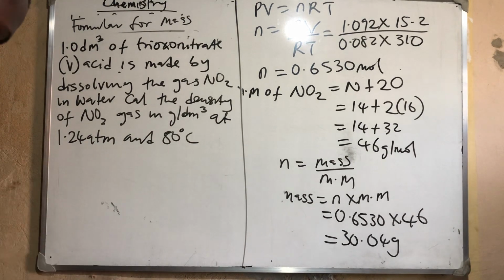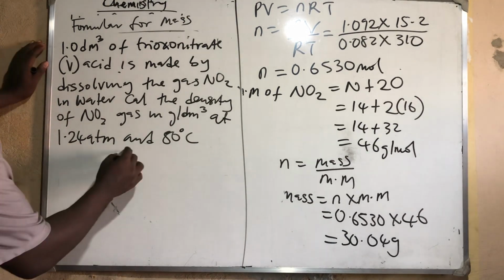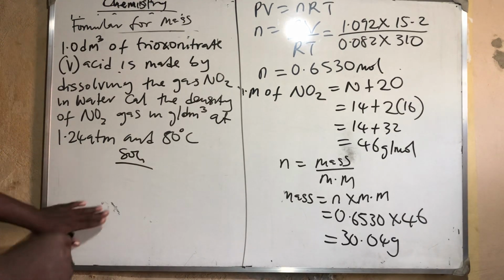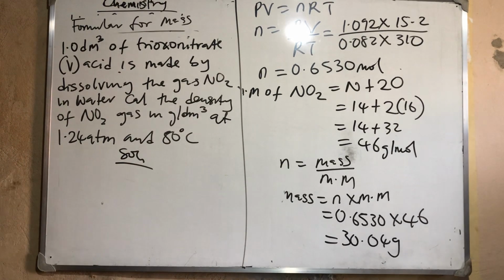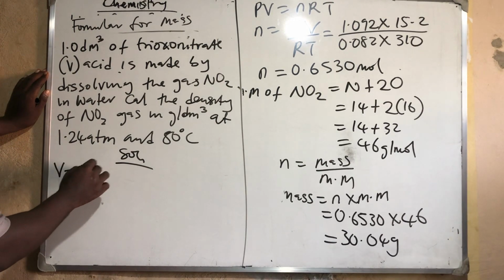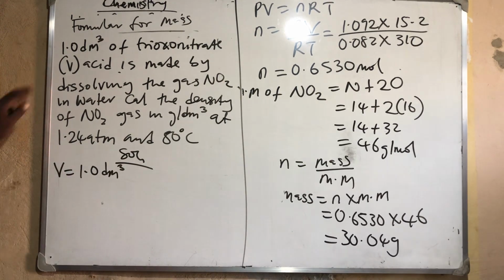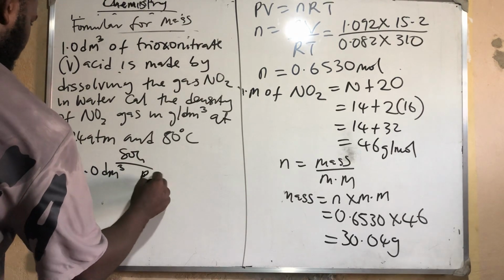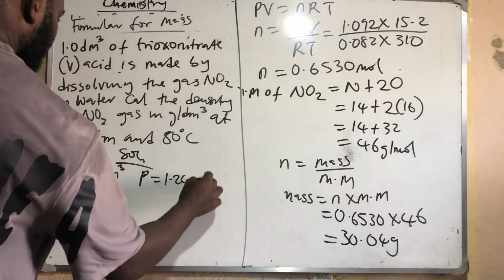All right, so let us get all our parameters. The first parameter they gave us is the volume, 1.0 dm cube. Then they gave us pressure, 1.24 atm.